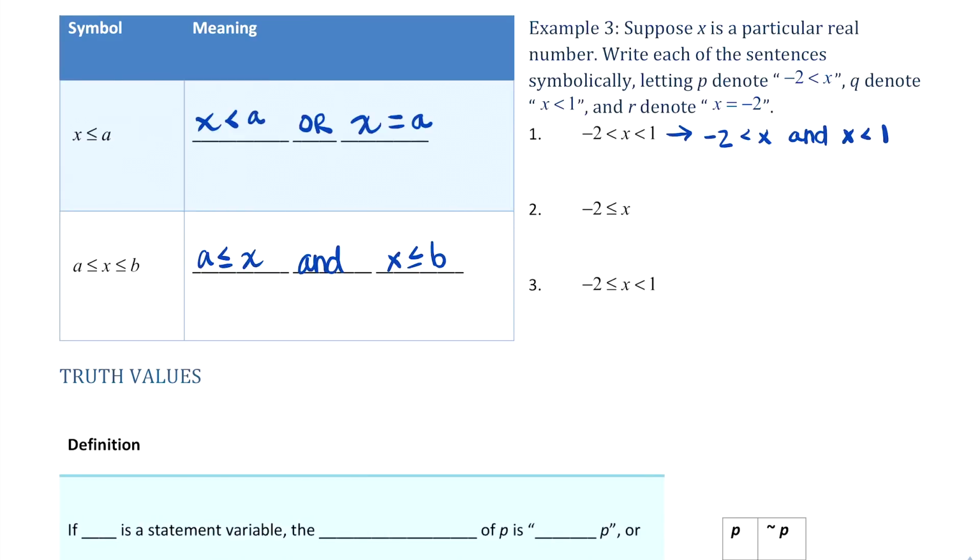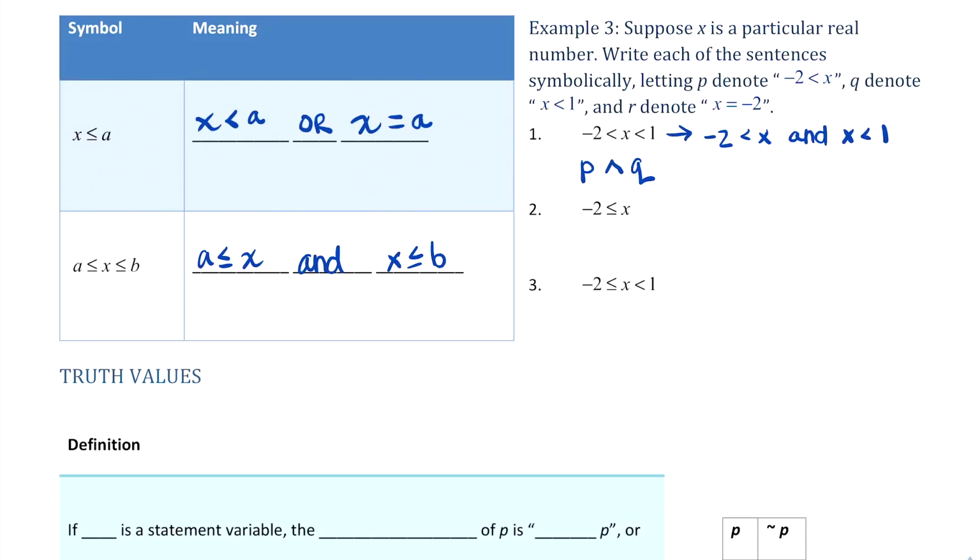So what statements do those two expressions correspond to here? Beautiful. We would have P and Q. Awesome.